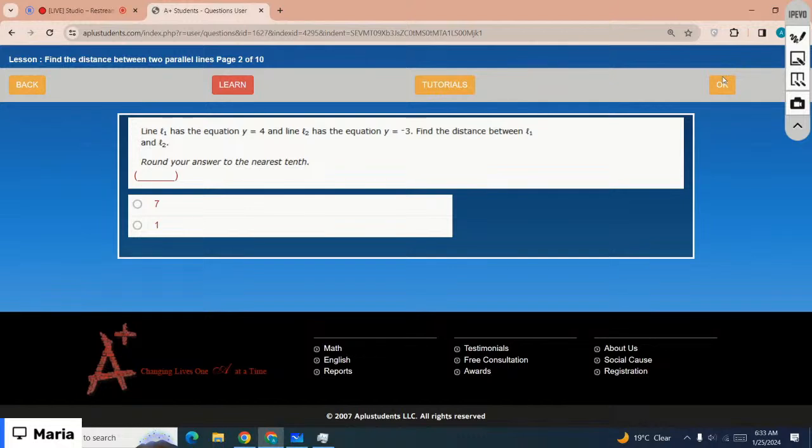Line L1 has the equation y equals 4 and line L2 has the equation y equals negative 3. Find the distance between L1 and L2. So which is the correct option?